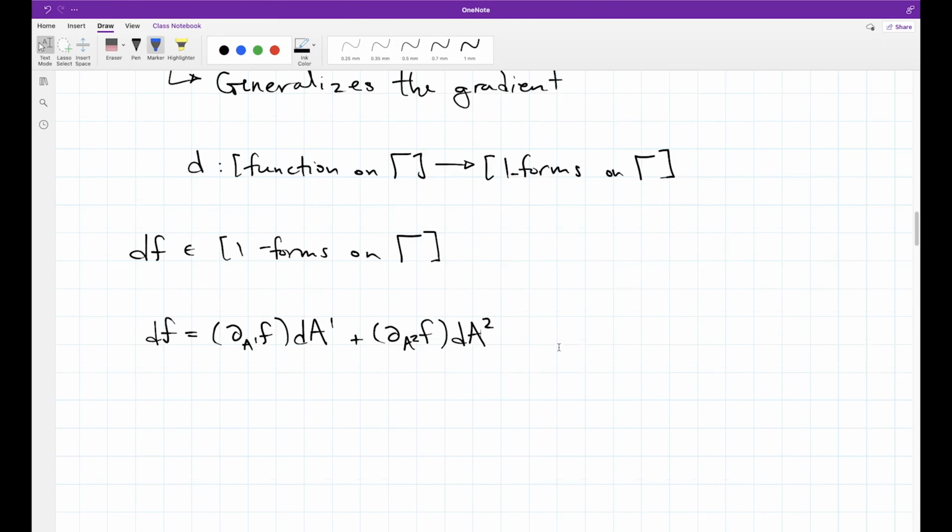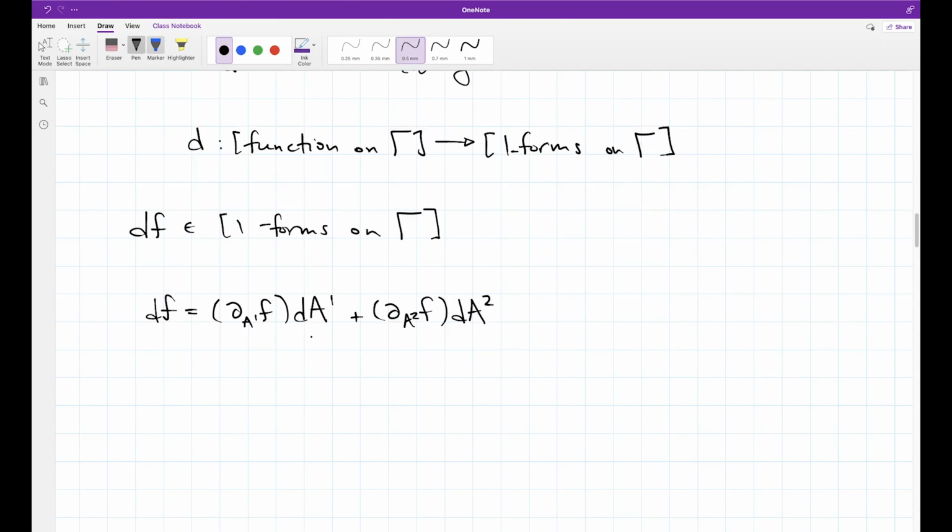Good. Okay, we can also write that using our Einstein summation notation as the partial with respect to a_j of f da_j. Okay, so just as promised, this object includes within it all of the information about the partial derivatives of f with respect to the coordinates, and they're kept distinct by the fact that they're attached to these basis elements. Good.